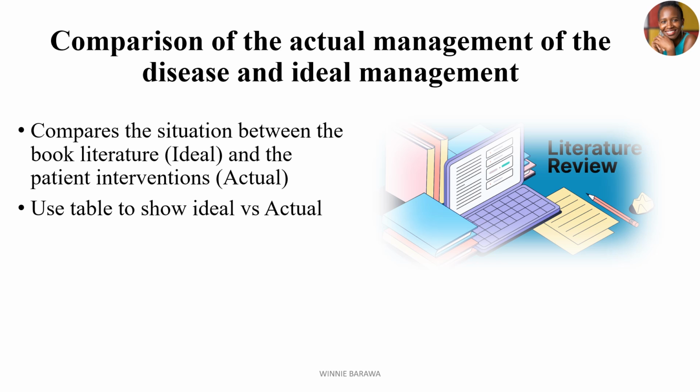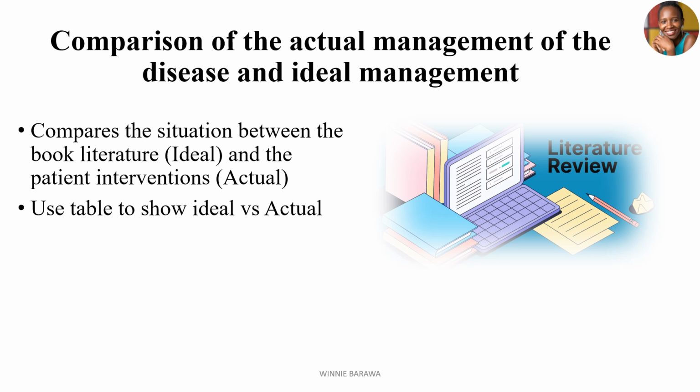So in this other part, we're going to do comparison of the actual management of the disease and the ideal management. So in here, we are going to compare the situation between the book literature, which now we are saying is the ideal. Remember, the disease description is the literature. And this is simply book literature, what the books are saying when it comes to the management.